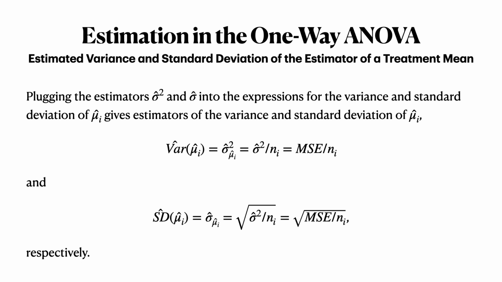That is equal to sigma hat squared divided by n sub I, which is the MSE from the ANOVA table divided by n sub I. The estimated standard deviation, or standard error, of mu hat sub I will be denoted in a couple of ways: SD with a hat on top, and also sigma with a hat on top, with mu hat sub I in the subscript.